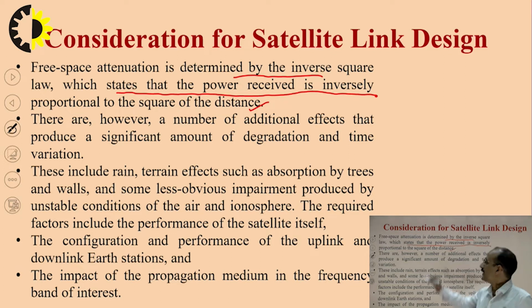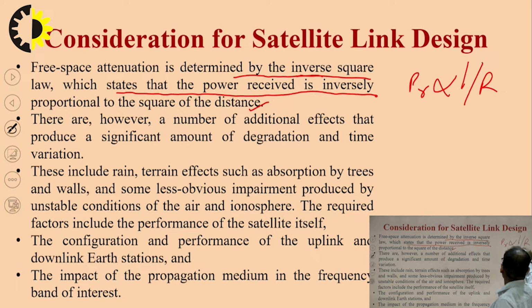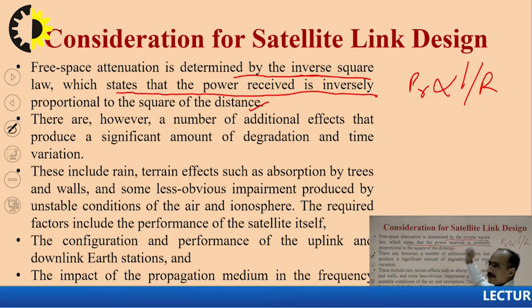This free space attenuation is calculated or determined by the inverse square law, which shows that if your received power is PR and the distance is R, then PR is inversely proportional to the square of the distance R. That is the consideration for the free space attenuation, and it is very much required for this satellite link design.